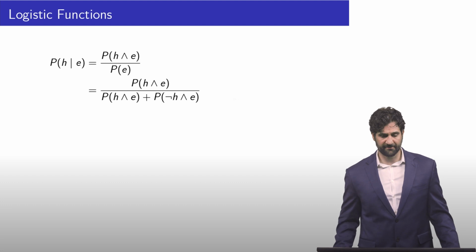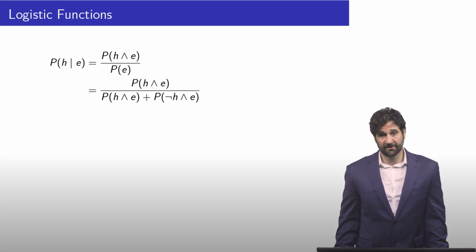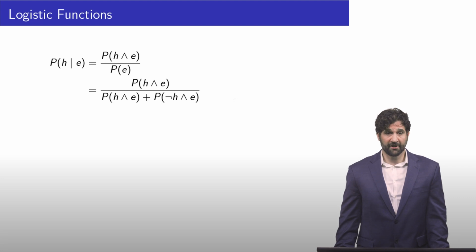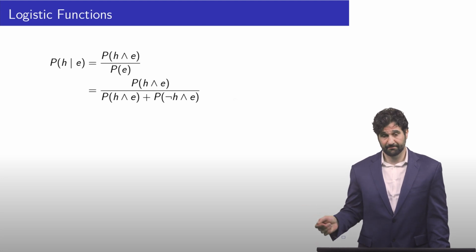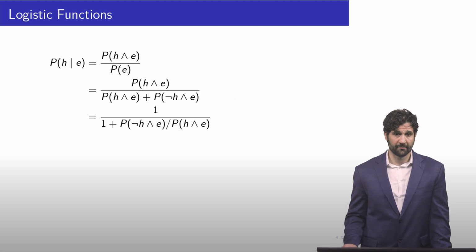So that's pretty straightforward. We can further rewrite the denominator as the probability of H and the evidence plus the probability of not H and the evidence. And this is clearly true, and we actually did this in an earlier example.